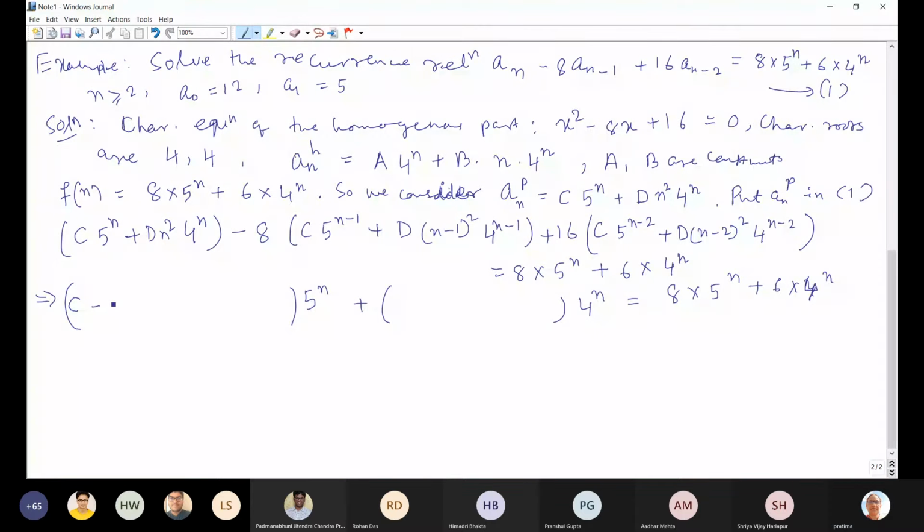We have to divide by 5 to the power n, so we get C minus 8 by 5 C. And from this third term, plus 16 by 25 C. I have taken 5 to the power n common, so I have to divide by this.